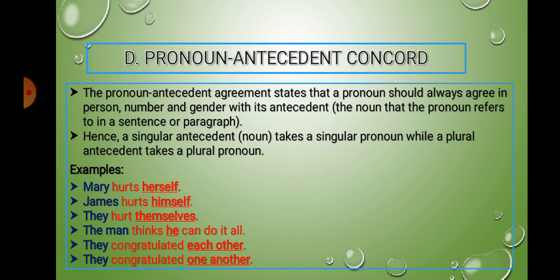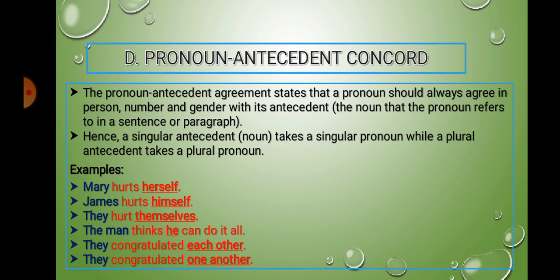They hurt themselves. They, in terms of person and number, is plural. So it attracts a plural pronoun, or plural anaphor, themselves. The fourth example says, the man thinks he can do it all.